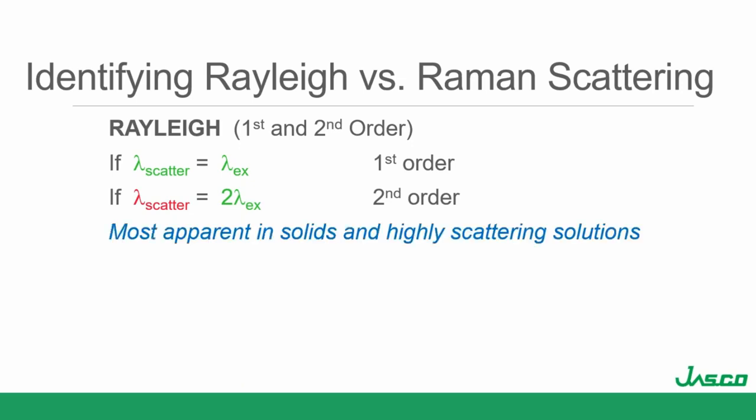It's going to be apparent in most solids and highly scattering solutions, but honestly, you're going to see it in a lot of solutions that you run just because the system is so sensitive. Raman, on the other hand, is going to show up, like we said, at longer wavelengths than the excitation band, right?